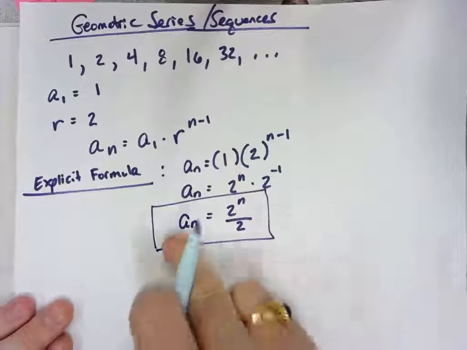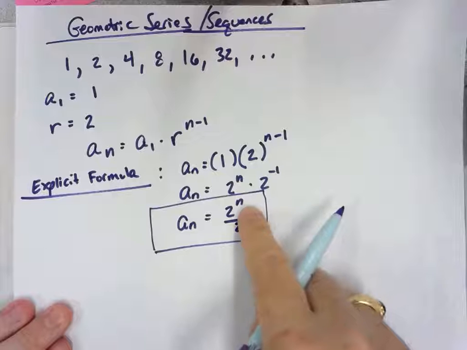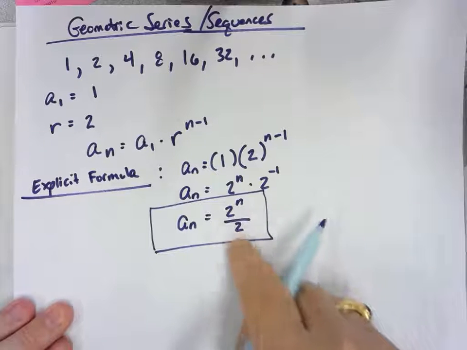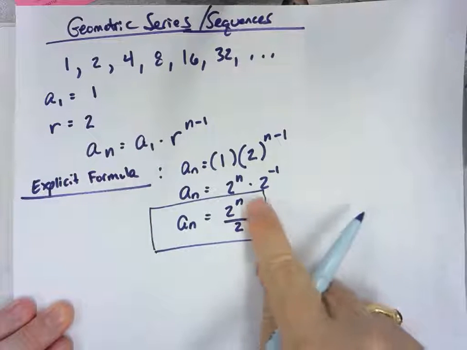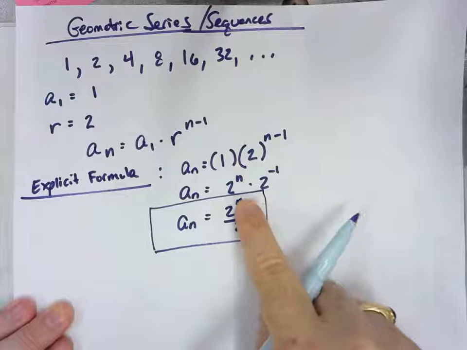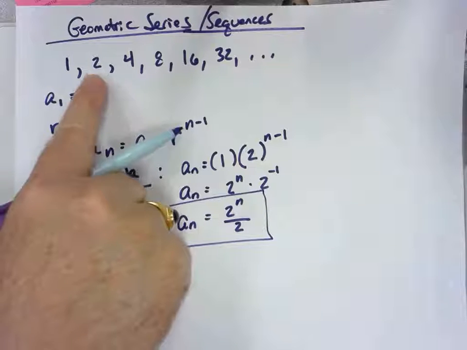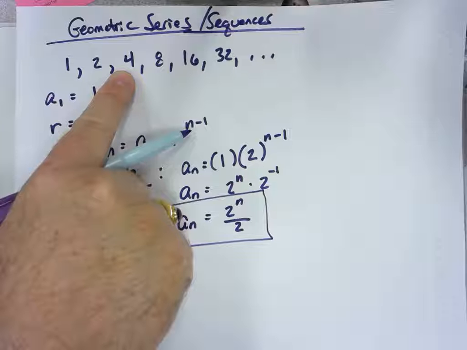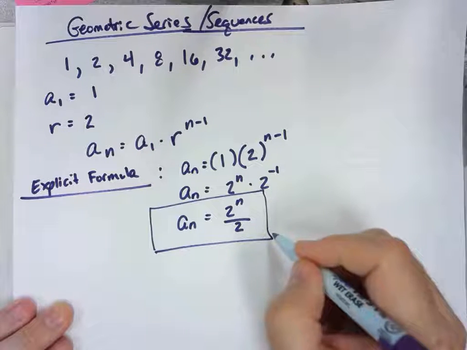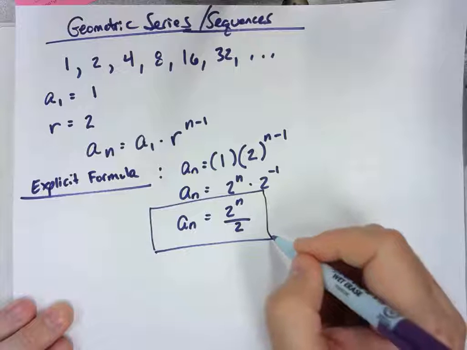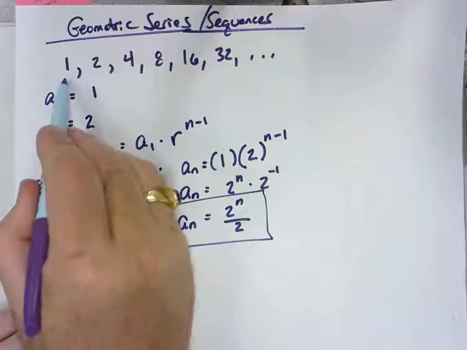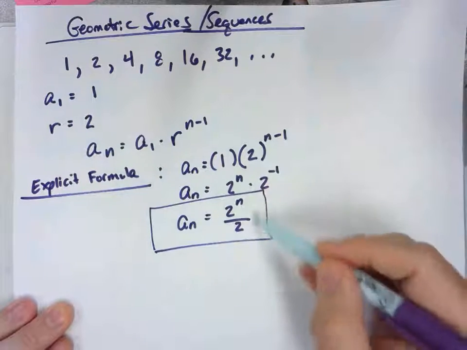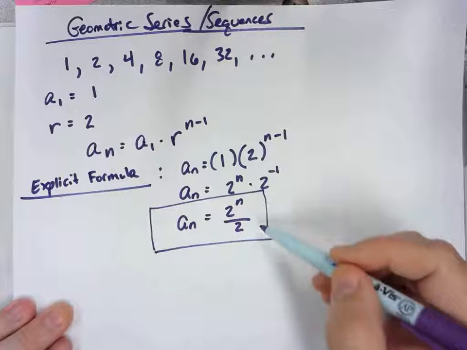Okay? So that's my explicit formula. If I plug in a 1, then I get my first term is equal to 1. If I plug in a 2, I get 2 squared over 2, which is just 2. If I plug in a 3, I get 8 over 2, which is 4. So once you get your explicit formula, make sure you check it. Plug in the values of n equal 1, 2, 3, and verify that you're getting the correct values. Okay?